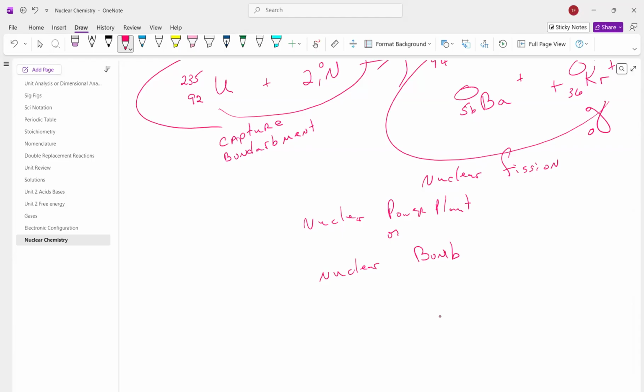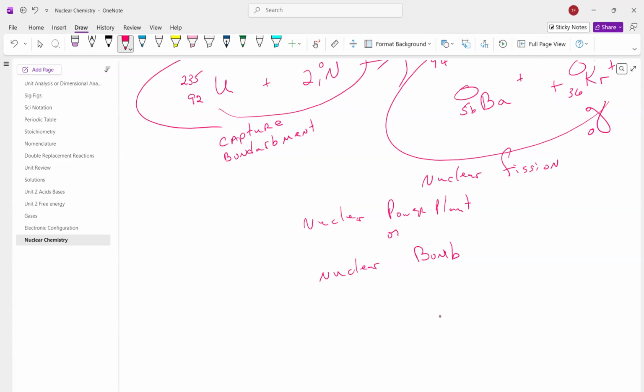Except with Fukushima and Chernobyl, and Three Mile Island also, up to that. They're very, very controlled because they don't want to waste the uranium-235, which is extremely expensive.